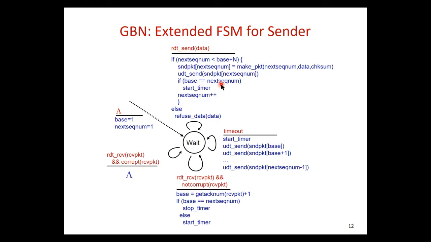If the base is equal to the next sequence number, that means that there was no yellow packet in the sending window, and this packet will be the first yellow packet, right? The first one in the window. So it needs to start a timer that will be associated with this packet, and then increment the next sequence number.